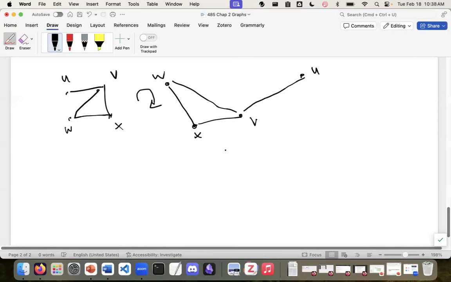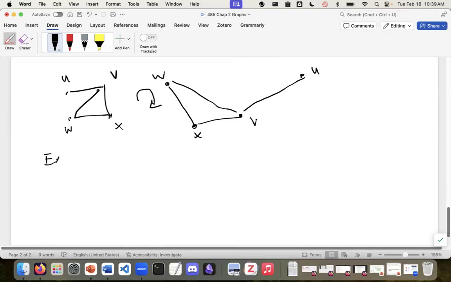So where we've flipped it over and stretched it out, it's the same graph. So the orientation in space doesn't matter. We can move things around as we like.